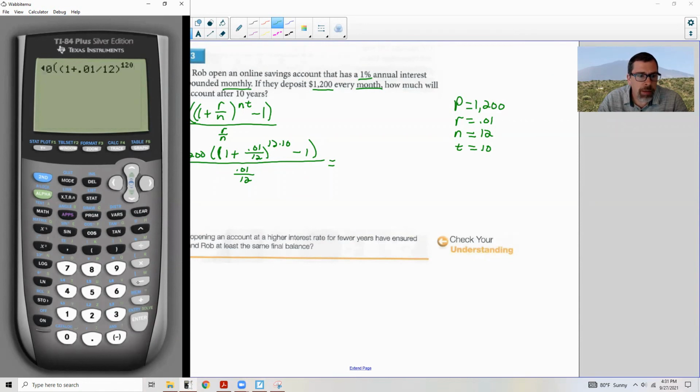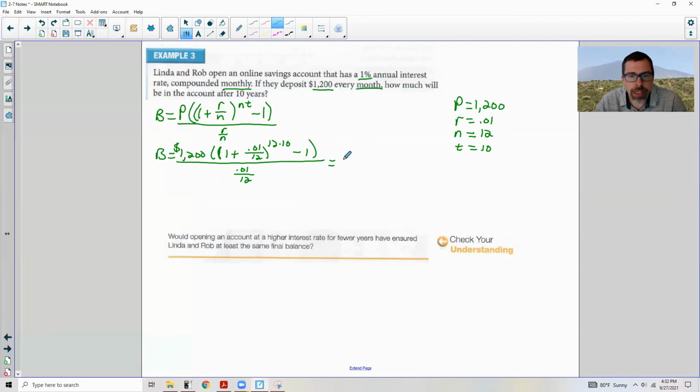Come out of that, minus 1. Close the parentheses. I'm going to hit enter here, and now I'm going to hit divide. So I've done the numerator already. And then in parentheses, just so it knows what I'm doing, I'm going to do 0.01 divided by 12, and make sure that it knows that that's my denominator, and hit enter. And I get $151,379.85.